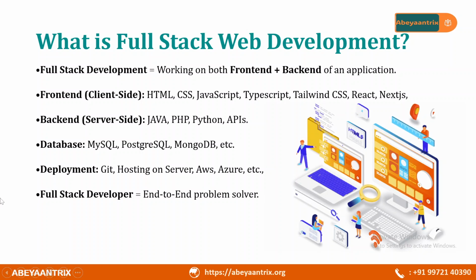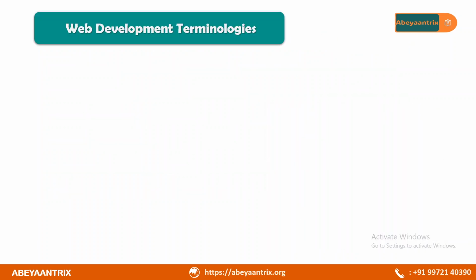For front end we are using first the basic things: HTML, CSS, JavaScript or TypeScript, with the CSS framework Tailwind, along with Next.js or React.js, which we can choose for framework. Next, deployment for Git hosting on the server, AWS, Azure we are going to choose. In full stack development, from end to end complete problem solving process, we call it a full stack developer. Okay, so now we understood what is full stack development.